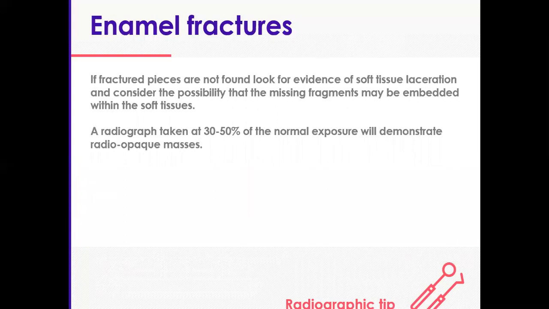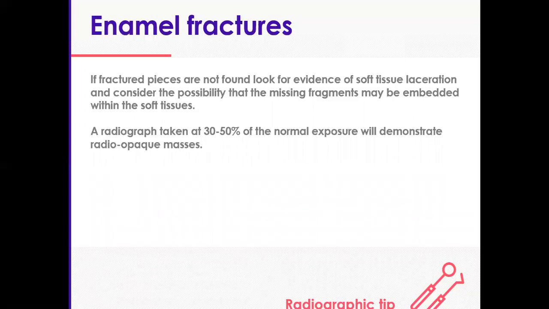One thing you need to look out for and ask for is the broken bit of the tooth. Ask the patient, they usually bring it with them, but if not, ask if they found it or seen it. Then, even if they have it, look for soft tissue lacerations as part of your systematic clinical examination, especially the lips, even if the fractured bits are found.